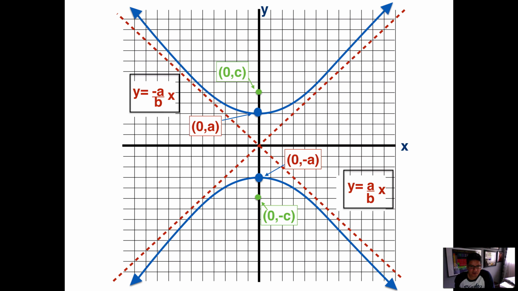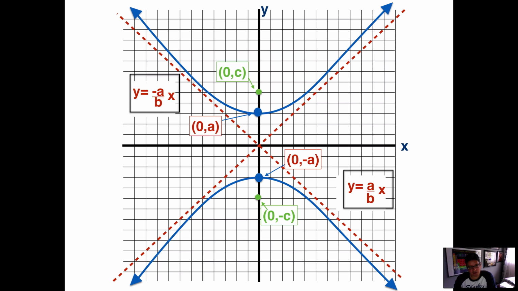That's in the green. You'll notice the one on the positive side, 0, c, and then on the negative side, 0, negative c. And again, I remind you that to find the c, the Pythagorean theorem equation will come in handy. And then you have your vertices, 0, a, and on the negative side, in red, 0, negative a.